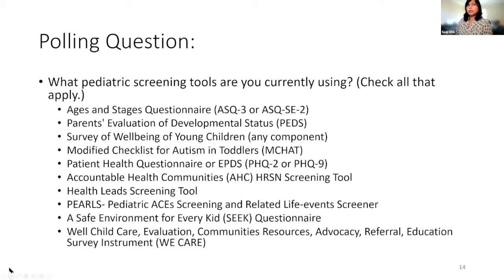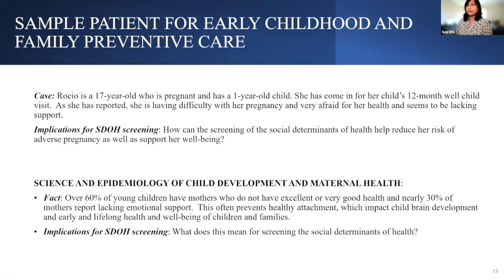Okay, and now I'm going to pass it to Abdeen. Thank you, Saki. Let's look at a case study here. Her sister is a 17-year-old who is pregnant and has a 1-year-old child. She has come in for her child's 12-month well child visit.